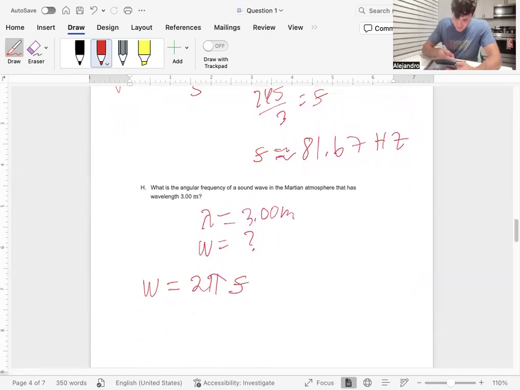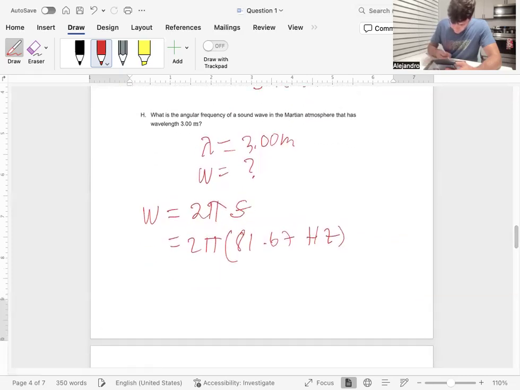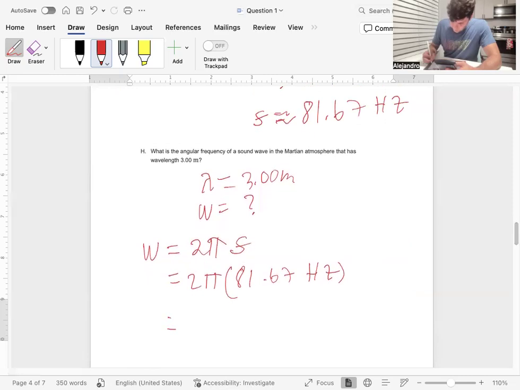We know the frequency because we just got it here, 81.67. And we calculate.